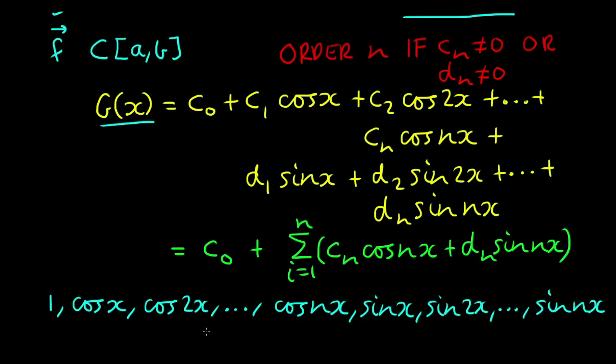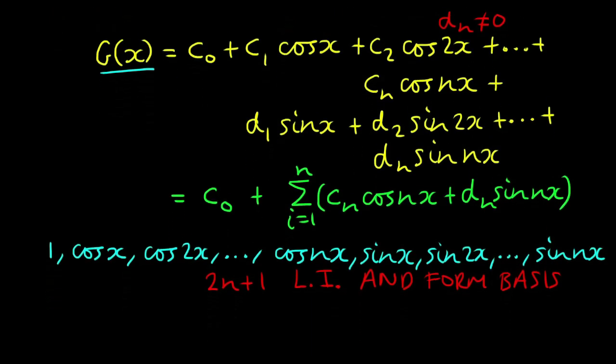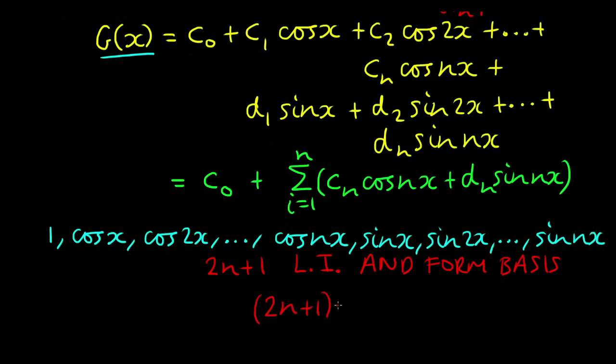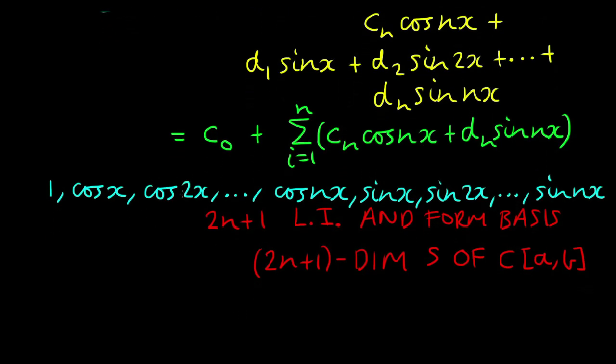So you can show that these 2n plus 1 functions are linearly independent and form a basis for a 2n plus 1 dimensional subspace of the inner product space of continuous functions on the closed interval from a to b. So one way to check if these vectors form a basis for this subspace is to check if they're orthogonal.